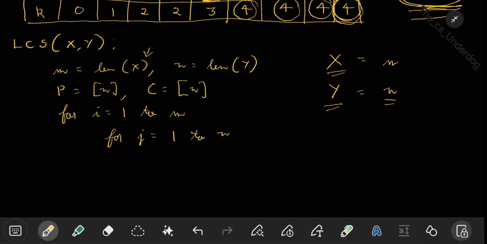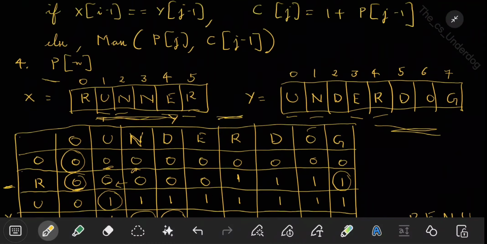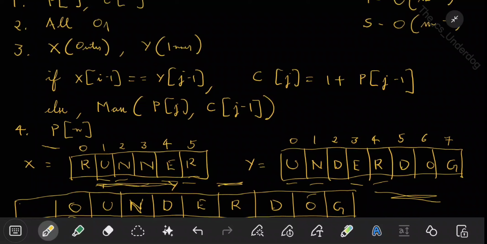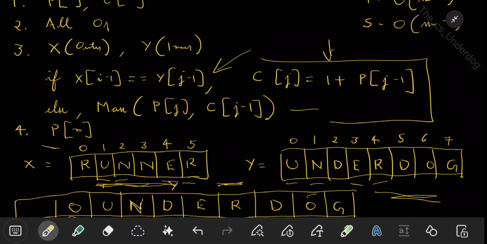What should you do for 1 to n? Okay, let us refer to this algorithm. I want you to be in alignment with the algorithm. So here, you have two cases. First case is, in case both are equal, x of i minus 1 equal to y of j minus 1, then you are doing this. In case it is not equal, then you are doing this. So let us see both of these.